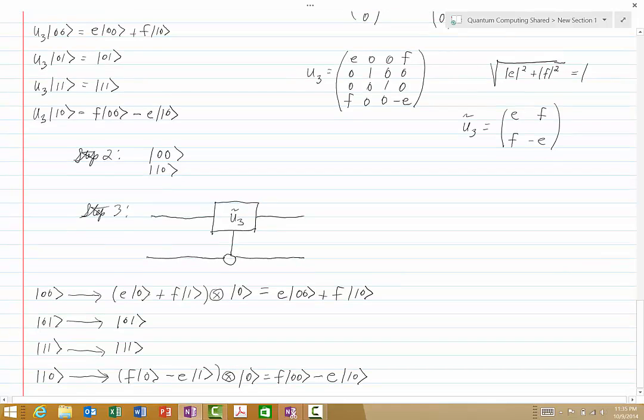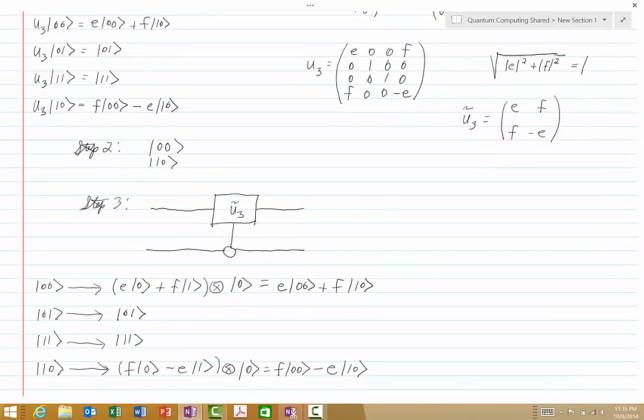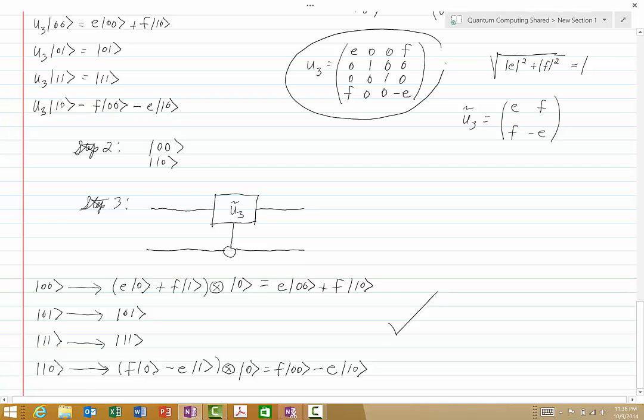And if we compare that, what we've just done here, to the desired action of this transformation, we see that it's acting in exactly the way we wish. So this one is correct, and here we have the matrix for U3.